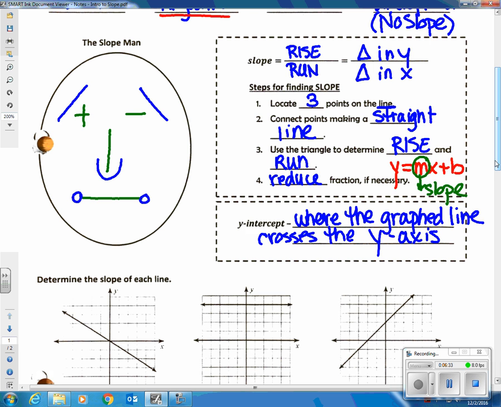And again, when we're looking at that y equals mx plus b, what we're looking at is this b part right here. This is actually my y-intercept. So that will help us out there when we're using that equation. Okay, so these are just some basics, and now let's actually put this into action.